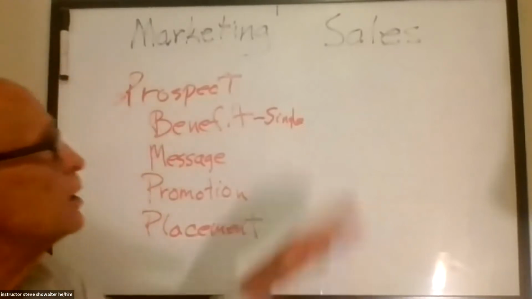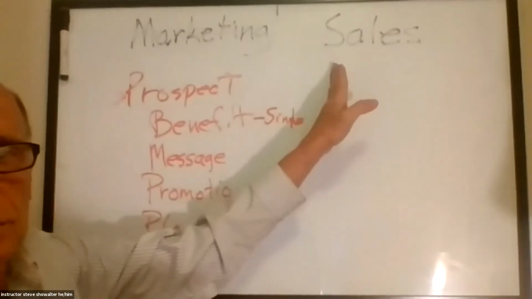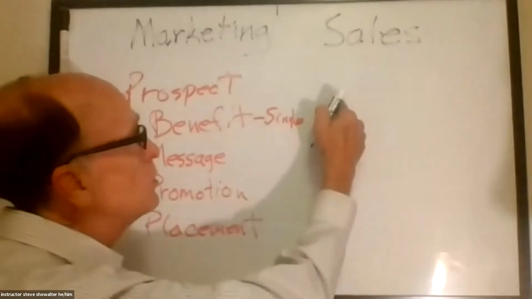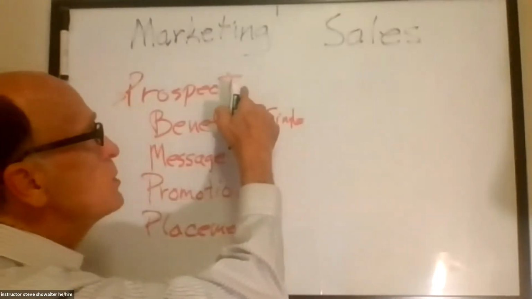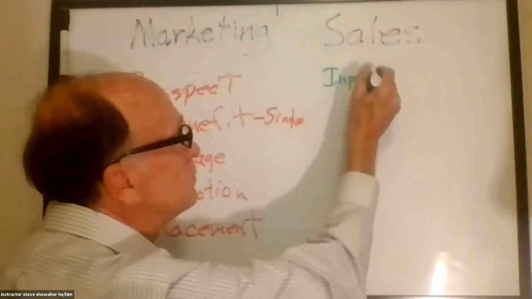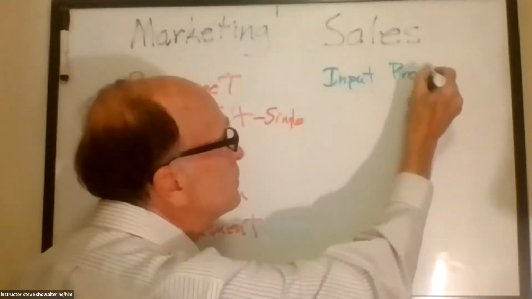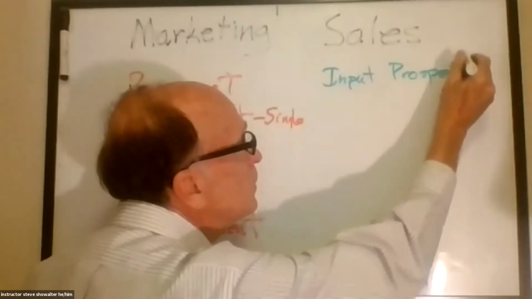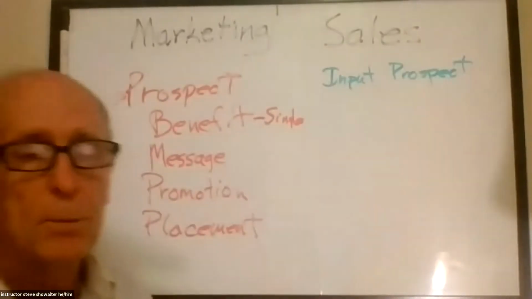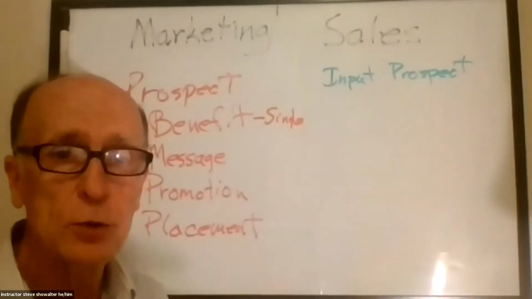Okay, I'm now going to switch to sales. Sales is a completely different process because in sales, the output isn't the prospect, the input is the prospect. Your marketing campaign has generated a bunch of potential customers for you to talk to.